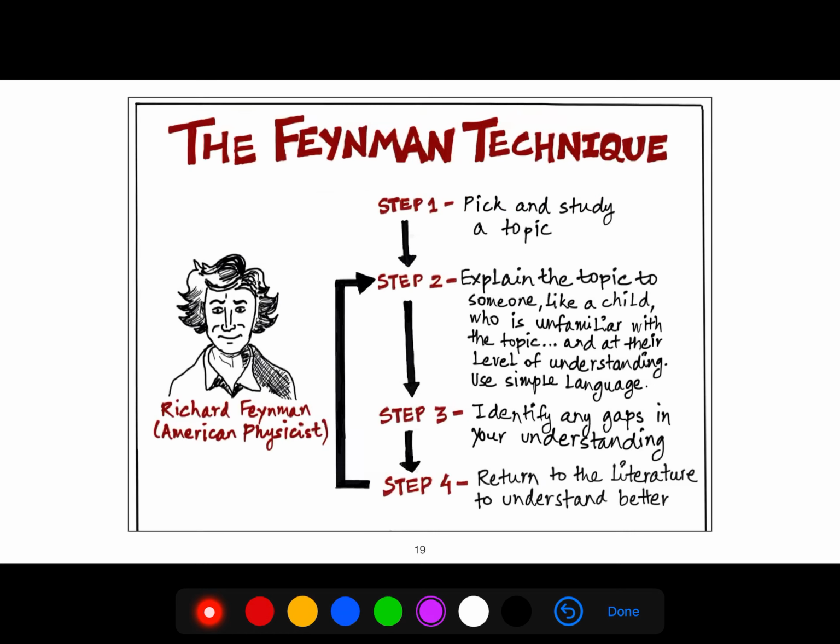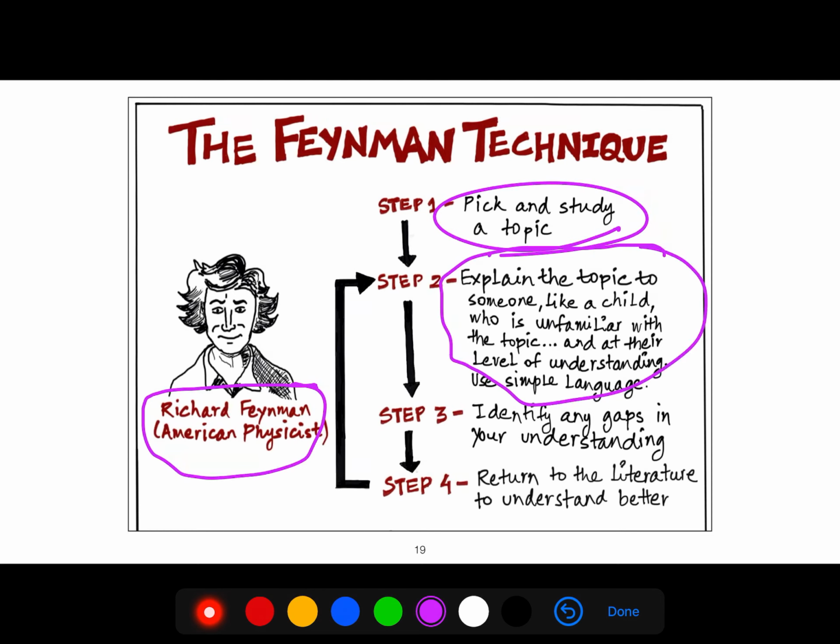And the Feynman technique. My favorite physicist is Richard Feynman because of his methodology for research. It's like my methodology. So just pick and study a topic that you love and explain it to someone. For example, I explained to my niece, she's just 4 years old, but I try to explain it. But 6 years old are better, they understand much more. But identify the gaps.